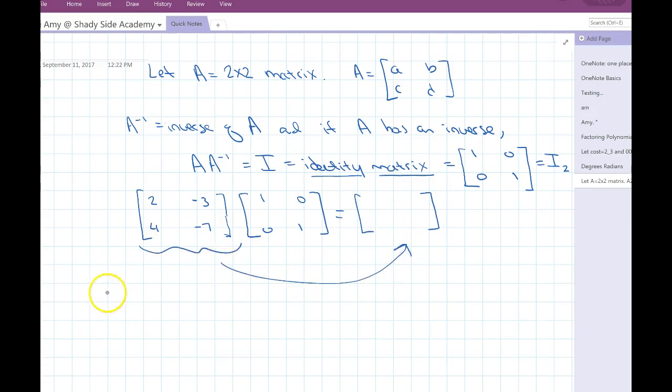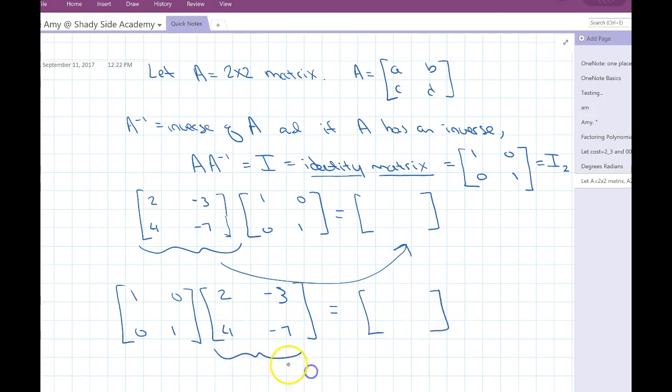Okay. Similarly, if I take the identity matrix 1, 0, 0, 1, and I multiply it by a 2 by 2, you will also get a 2 by 2, and the result will be just that. And again, if you don't believe that, you can go ahead and try it.